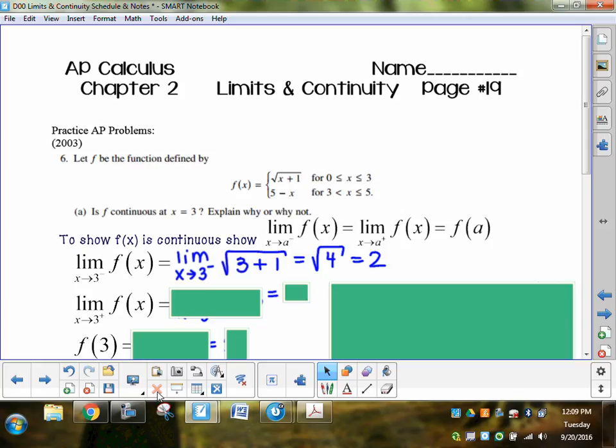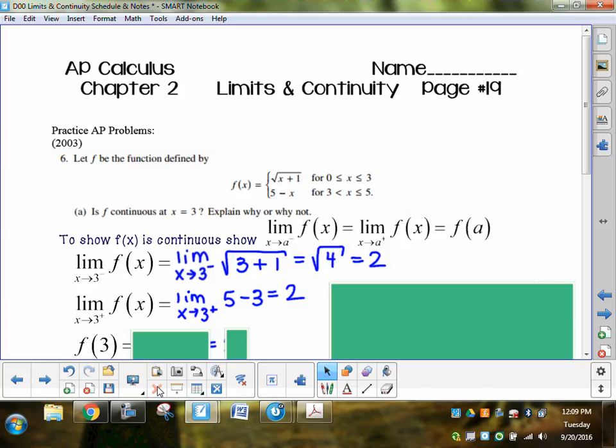Now let's do the limit from the right. And Jake, if I'm evaluating out the limit from the right, what piece am I going to be using? So what is the value of the limit from the right going to then be? This is what you need to show.